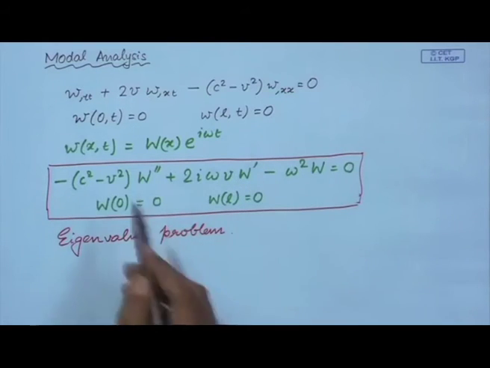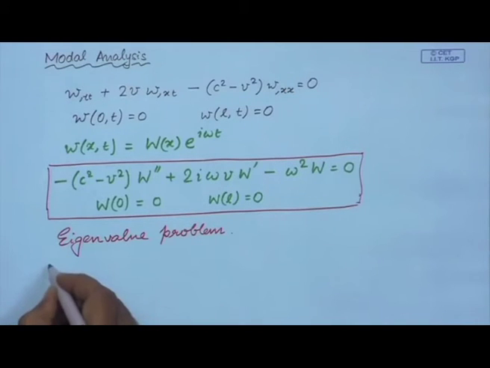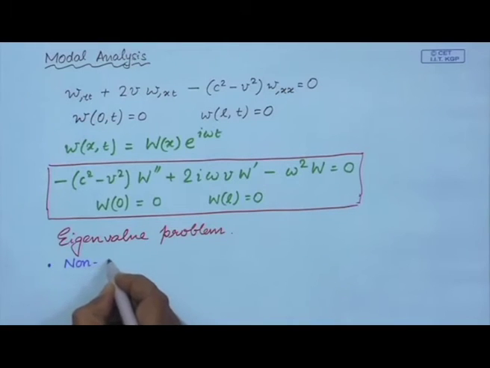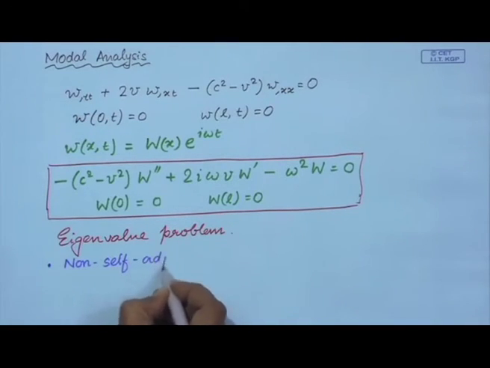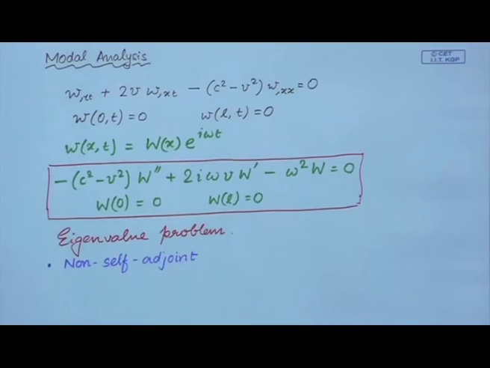Now, it can be easily checked that this problem is non self adjoint. Till now, whatever systems we have considered were all self adjoint. This is the first example which is non self adjoint, and which makes its dynamics very interesting.